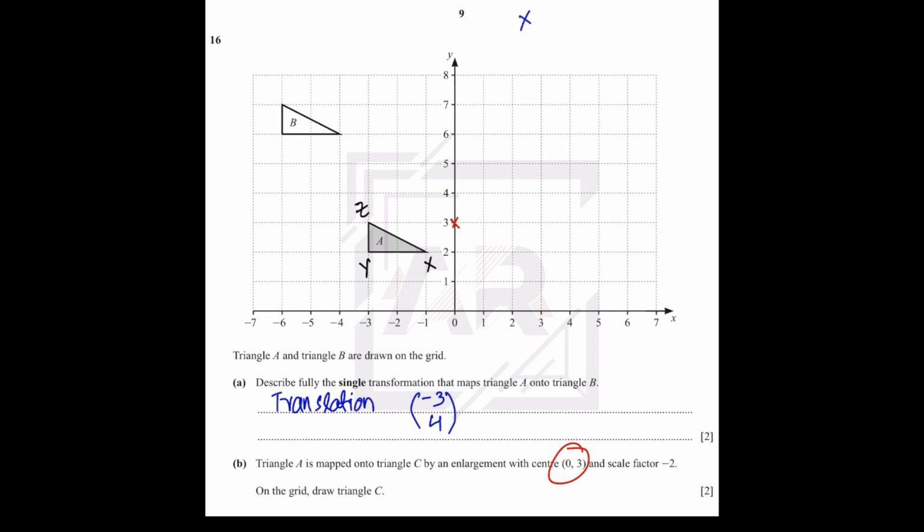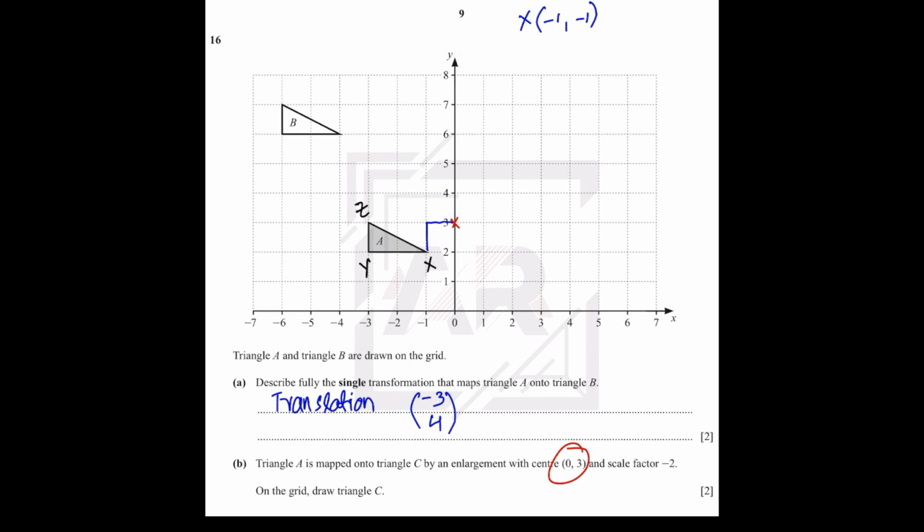Let's say this X vertex, we have the distance is -1, -1. Why -1, -1? Because we are moving to the left hand side of the center of enlargement and it is just 1 step. So since we are moving towards the left hand side, that's why we have the negative value. And since we are moving downside of the center of enlargement and it is only 1 step, I'm writing -1 over here.